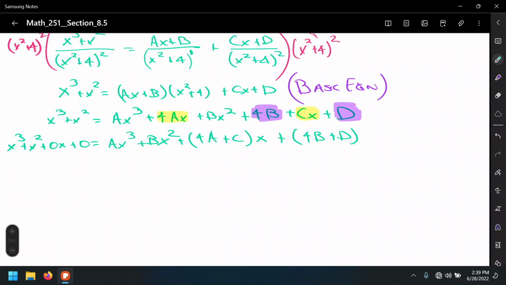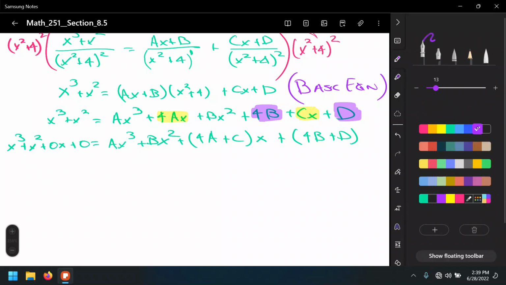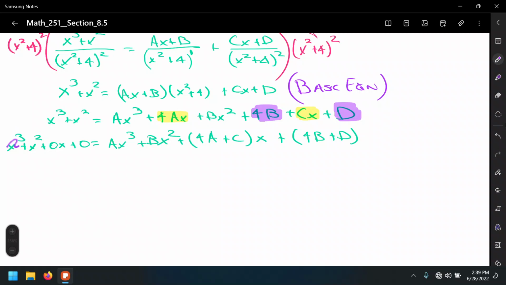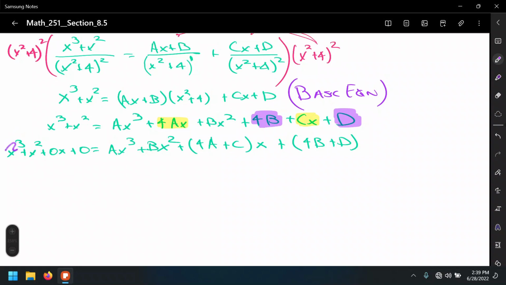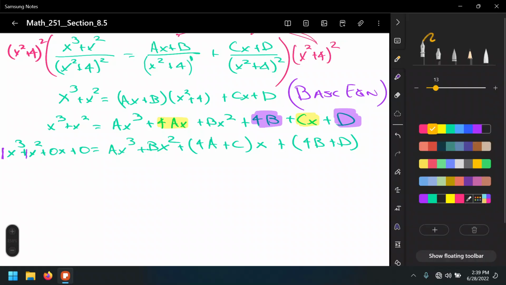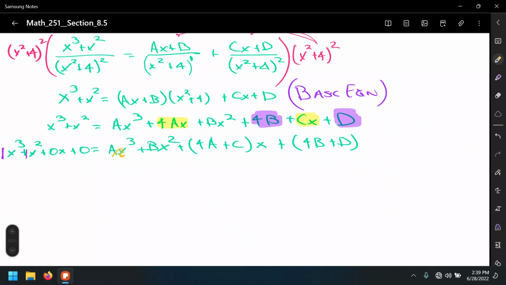What's the coefficient of x cubed here? 1. Let's write it down. What's the coefficient of x squared? Also 1, right? This means that a equals 1.